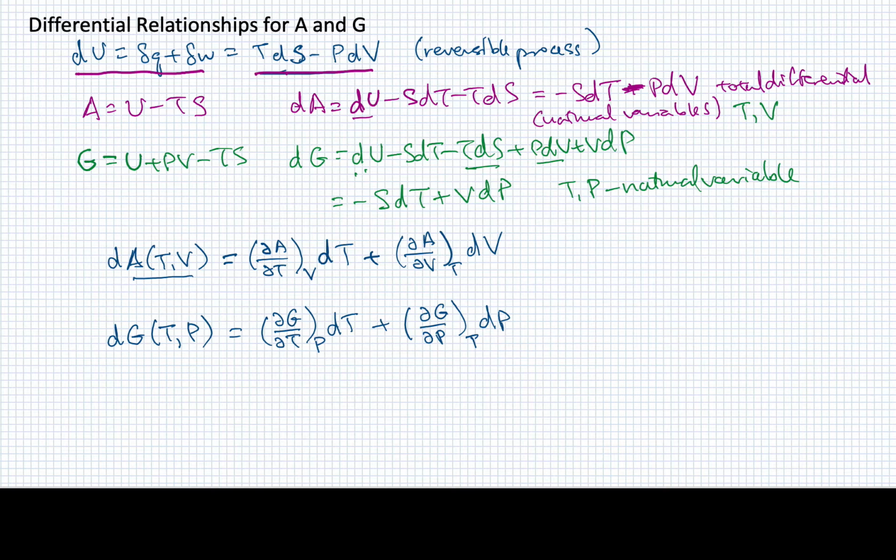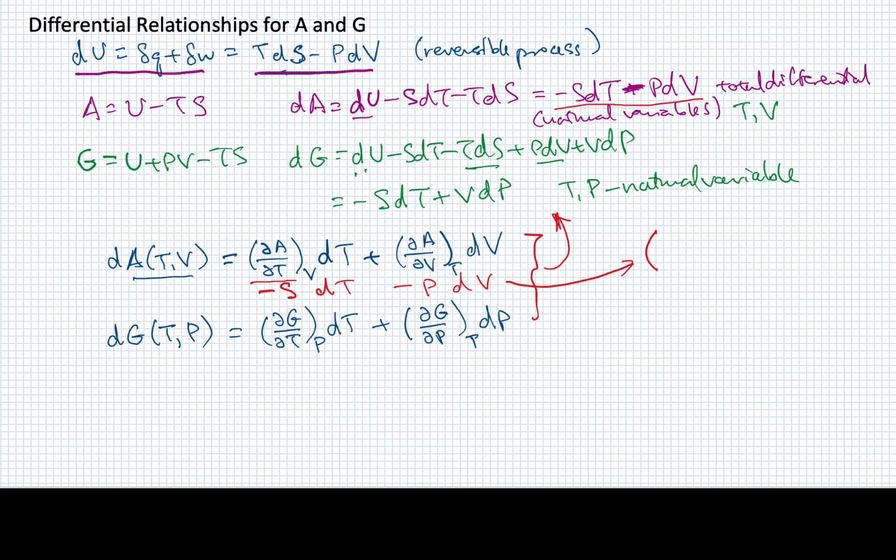Well, I can compare these two expressions with the ones that I have just derived up here. For example, for Helmholtz energy, I got minus S dT minus P dV. What that tells me is that I can associate minus S with this partial derivative.